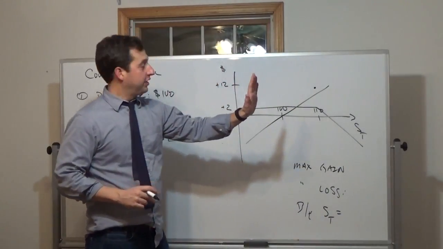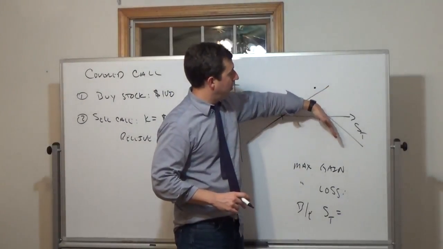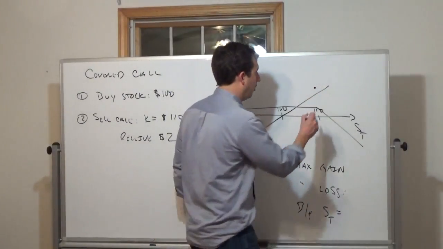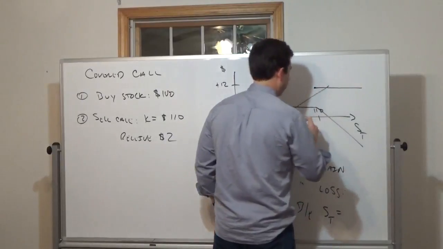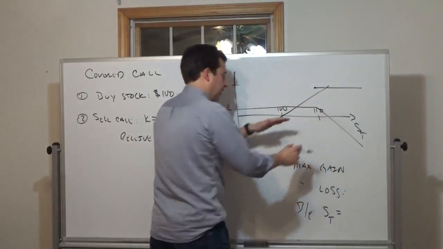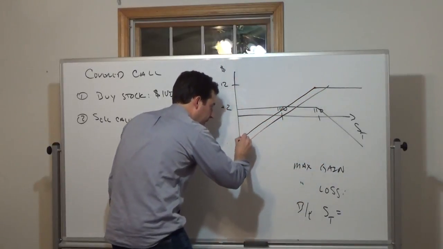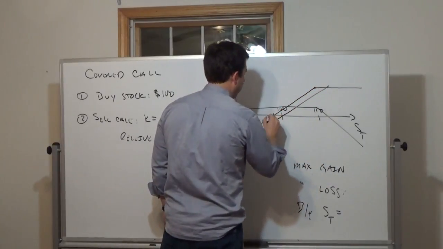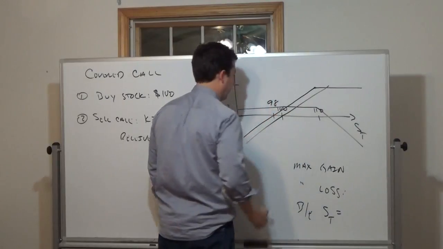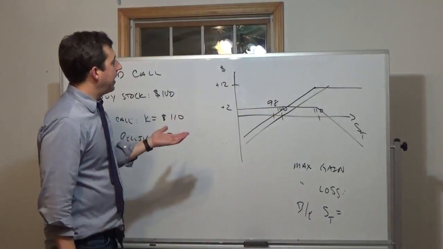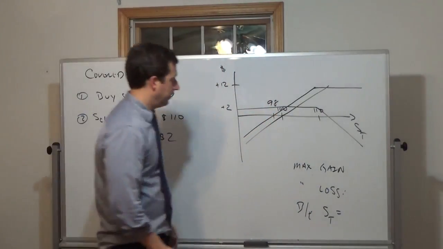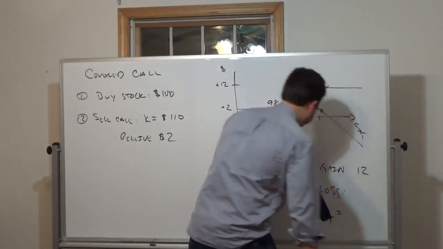When the stock is above 110, whatever we gain on the stock, we lose on the call. So this is going to be flat from this point. And because this is flat here, it's going to follow this line all the way down there. And we're going to break even at 98. So we break even at 98. So now the idea here is our max gain is $12.